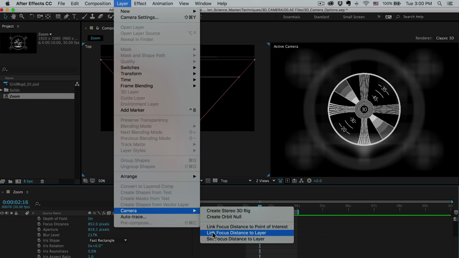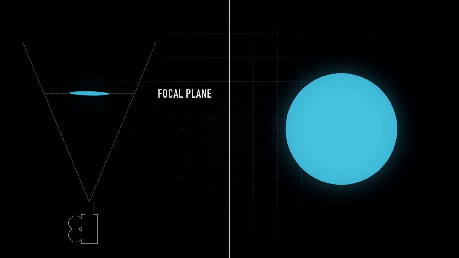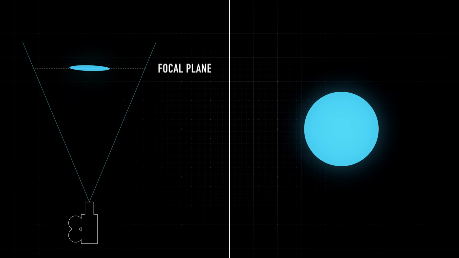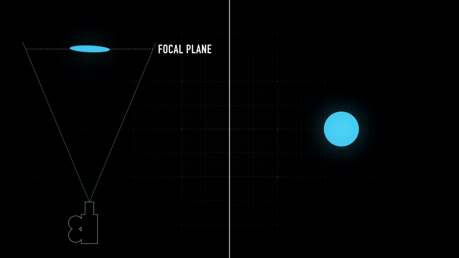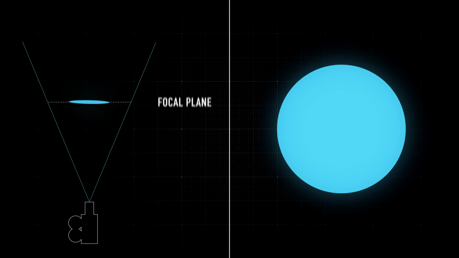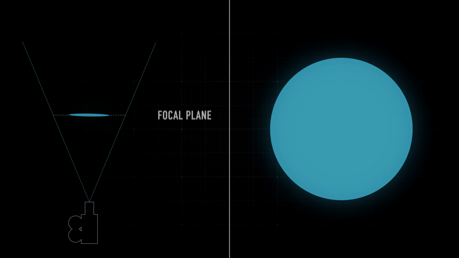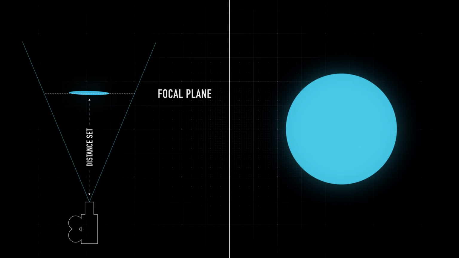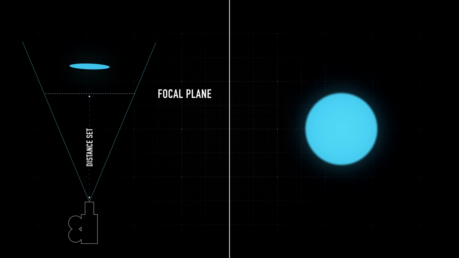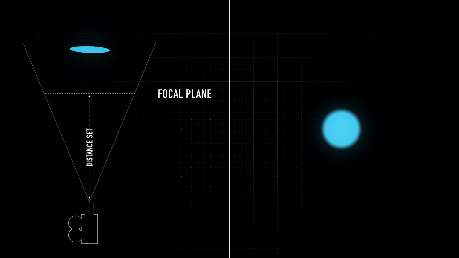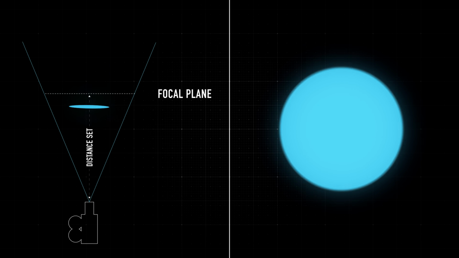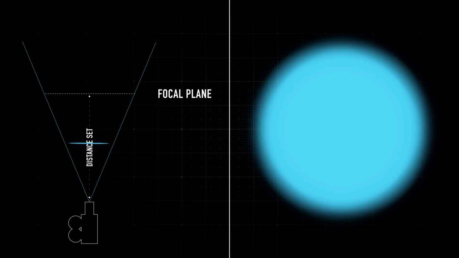Link Focus Distance to Layer sets the focus to the distance between the camera's position and another layer. Or, in other words, this expression creates autofocus. And Set Focus Distance to Layer sets the focus distance at the current time to the distance at the current time.